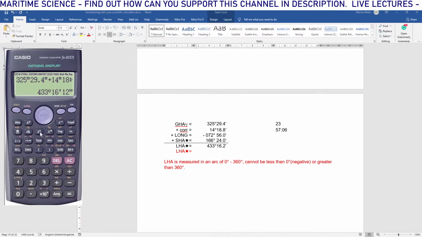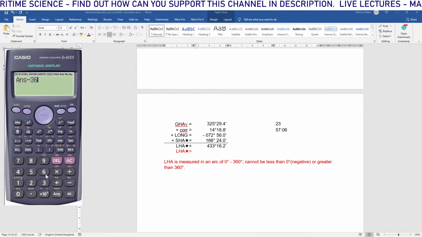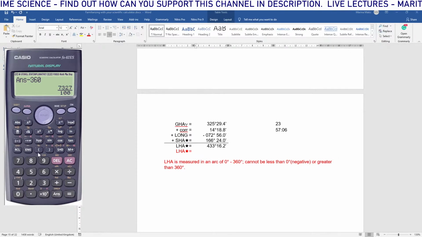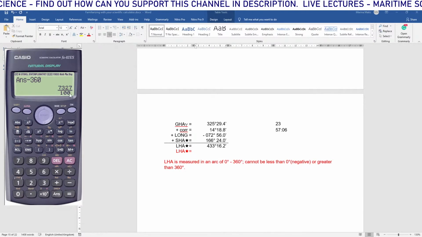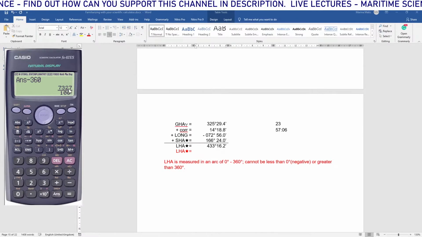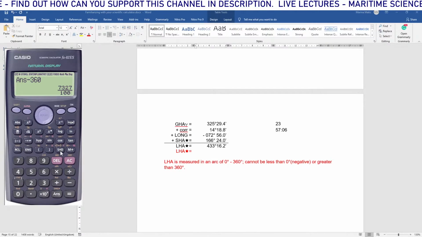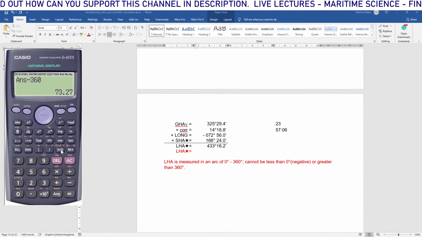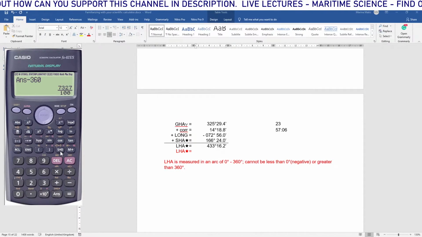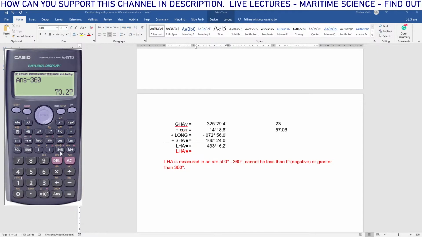So this value that we got, minus 360 degrees, because if your calculator is returning you the answer like this, all you have to do is press this button here that is directly above the delete button. But you can also cancel this.